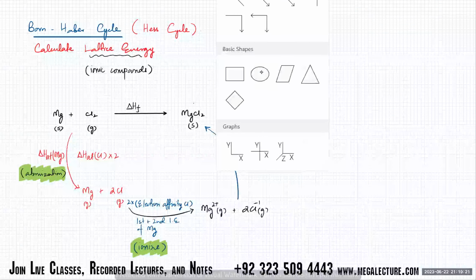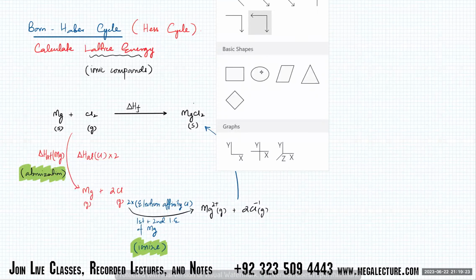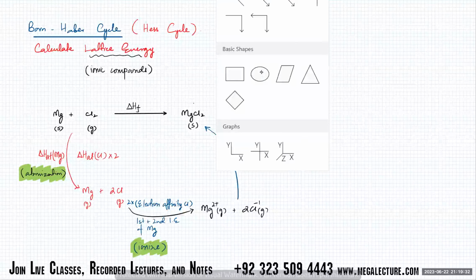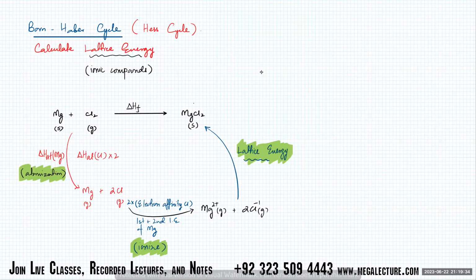But the only thing is, a lot of times this Born-Haber cycle is drawn with the energy axis. I mean, the same cycle, the one that's over here.